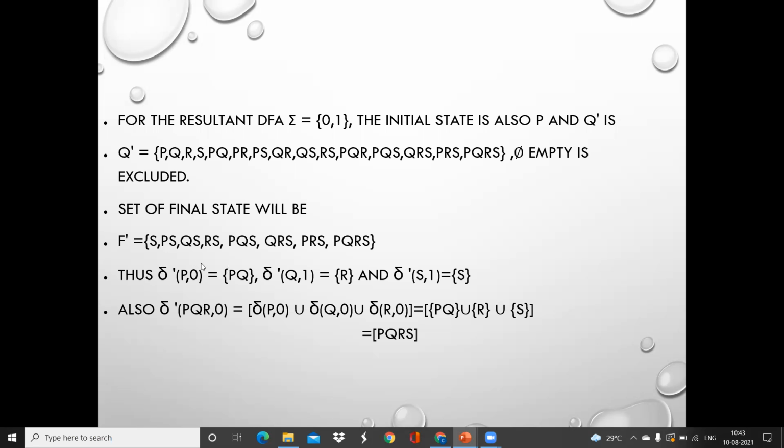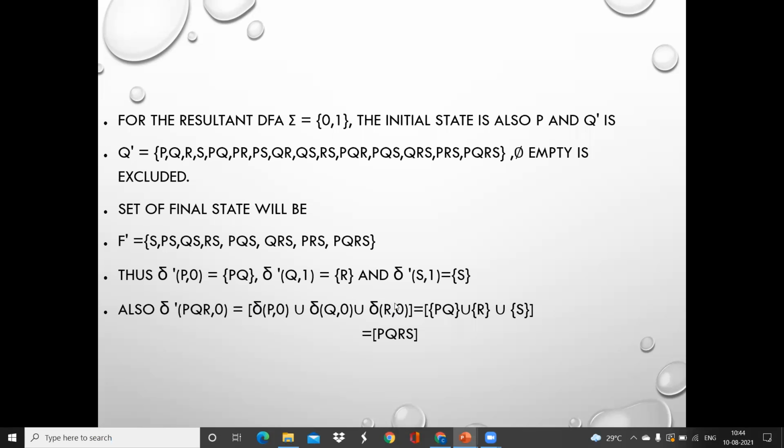So here is an example. If you have PQR, let's consider this as a state, and give input 0. How will you give the input 0 to PQR? You will give input 0 to P, input 0 to Q, and input 0 to R. Then it is the transition of P on input symbol 0, union transition of Q on input symbol 0, union transition of R on input symbol 0.